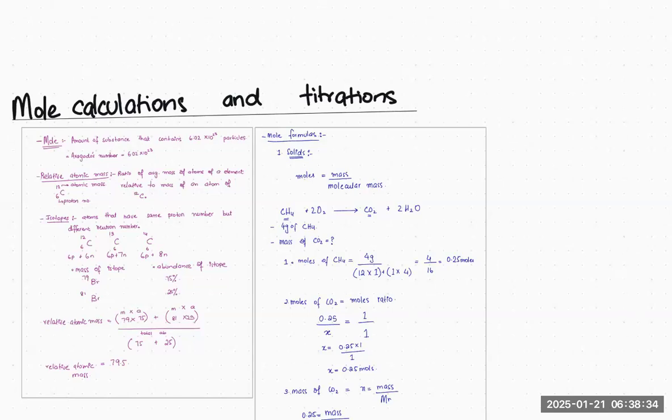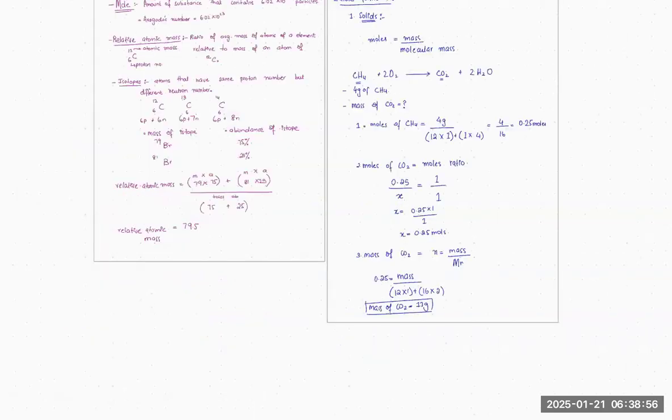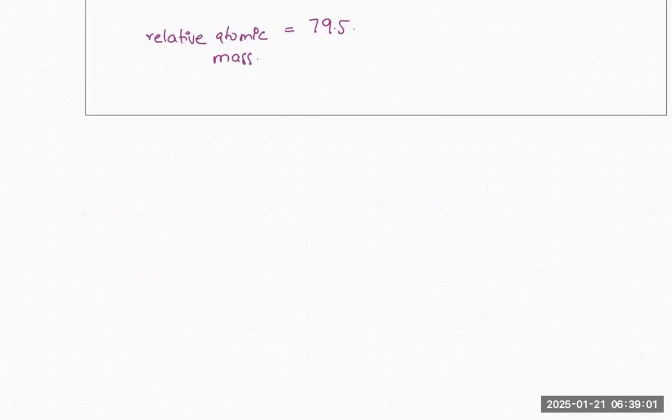Then find the moles of the chemical that we have to calculate, using the mole ratio. Then step number 3, you find whatever the examiners have asked, mass, volume, concentration, whatever. So this is one formula. The second formula is for liquids, and you will be using this formula a lot for titration calculations.